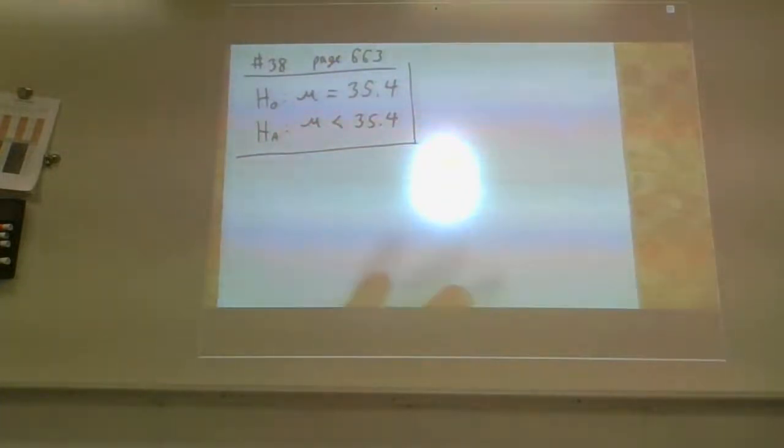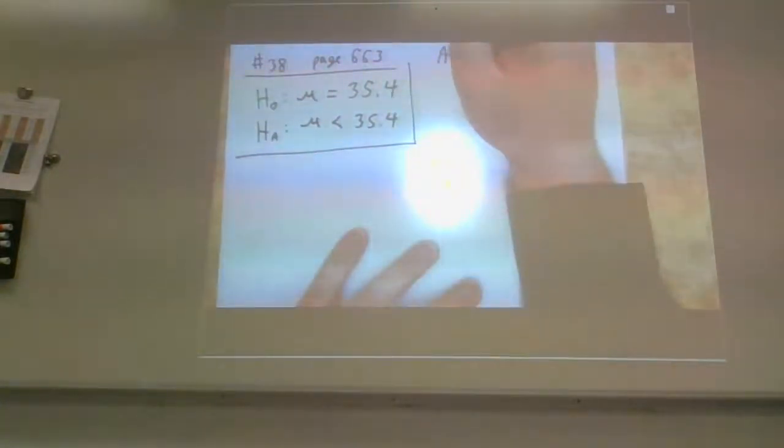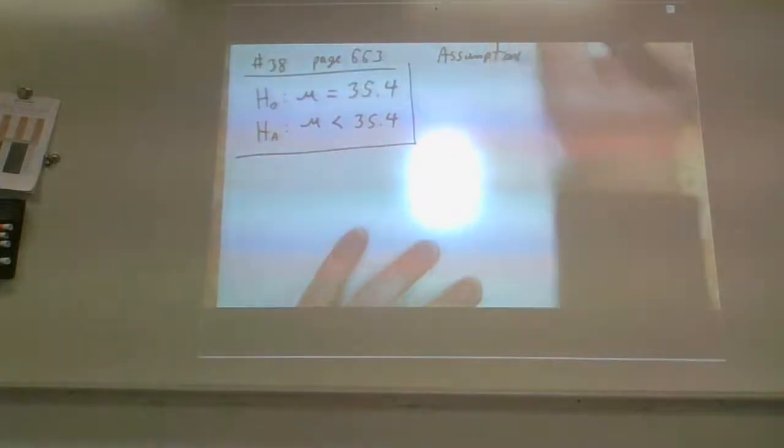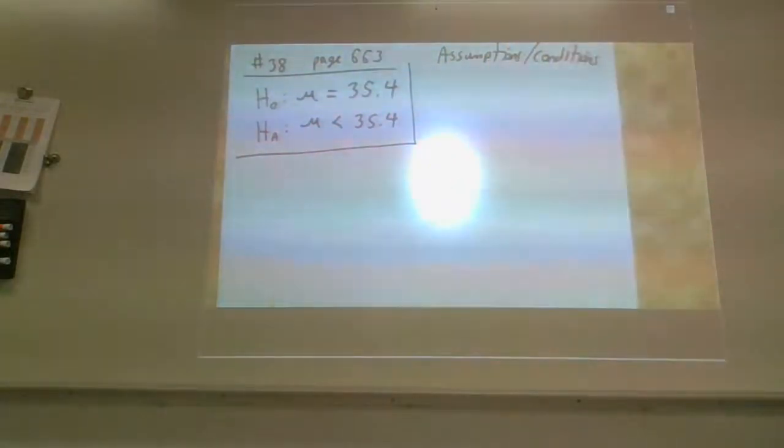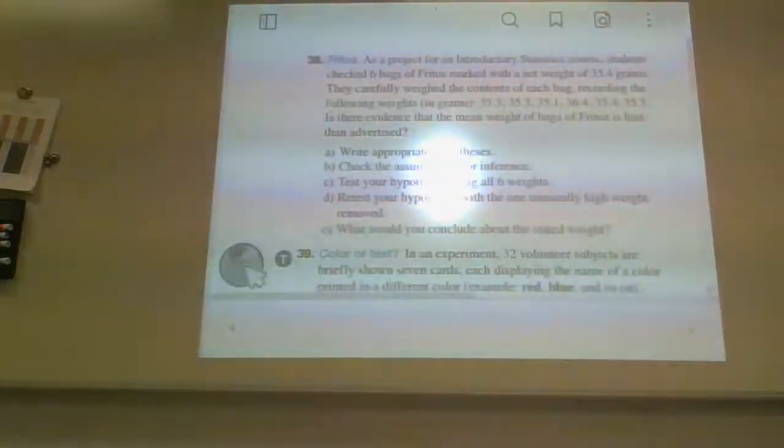Assumptions and conditions. You should have a slightly easier time with these. If I go back to the wording of the question, it says students checked 6 bags of Fritos marked with a net weight of 35.4. It does not say that the bags were randomly selected.